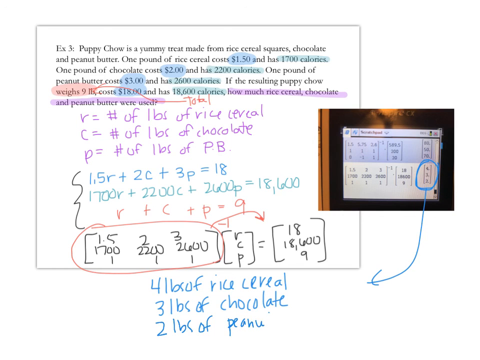Now this example would be one where a decimal wouldn't be bad because you could have a decimal number of pounds. So if we got like a 1.5 or even a weird decimal, that would be okay because we're talking about pounds, and pounds can be a decimal.